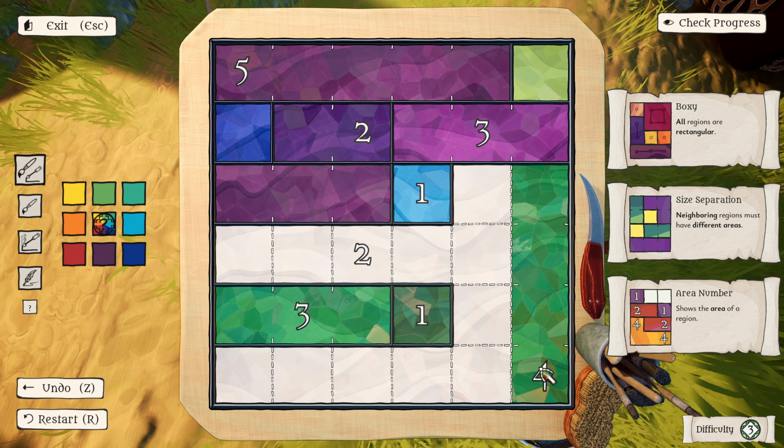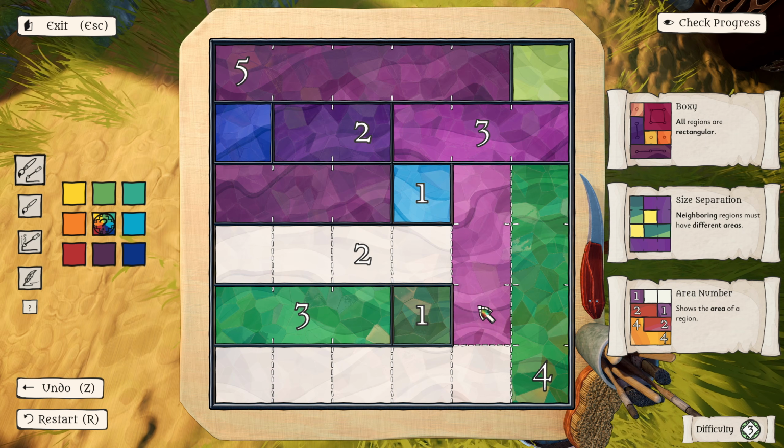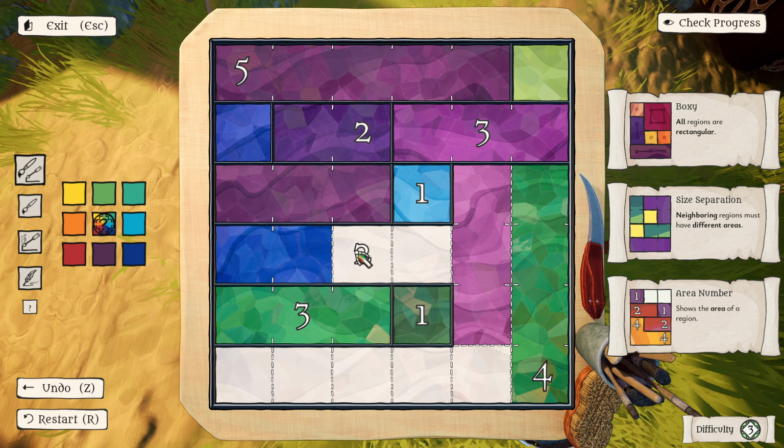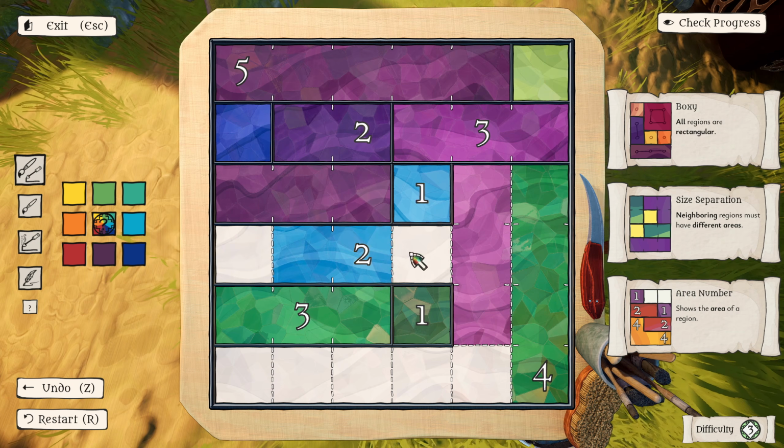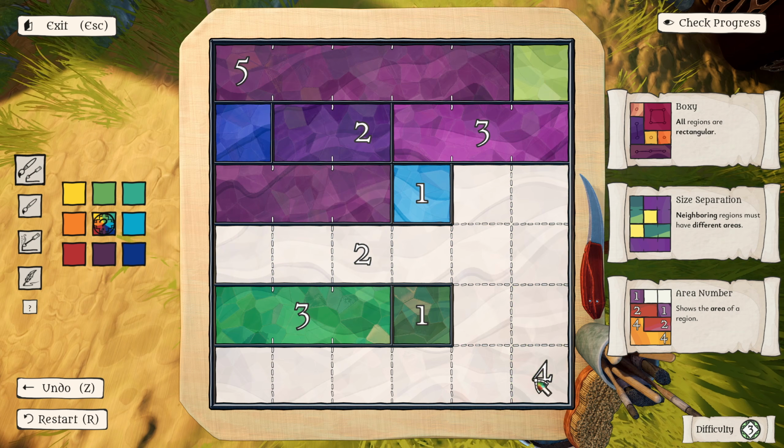It can't go horizontally. Sorry, can't go vertically, because then if this is a 3, this can't make a 2 and a 2, and it can't make a 2 and a 1. So I think the 4 is that way.